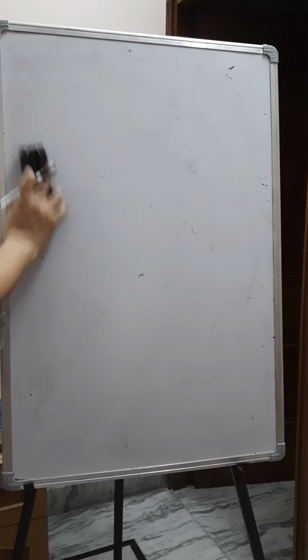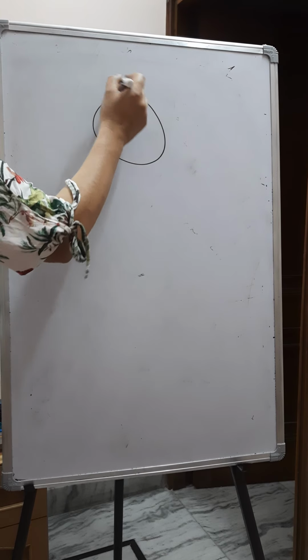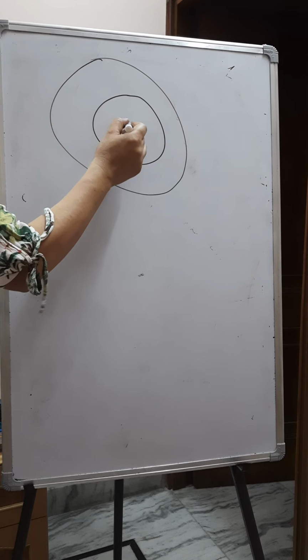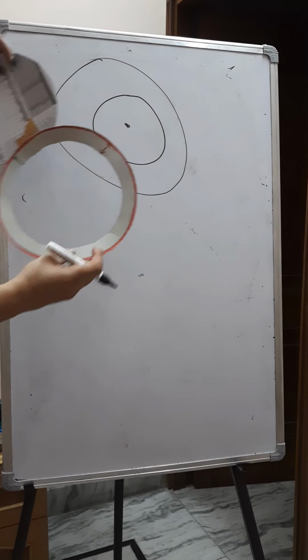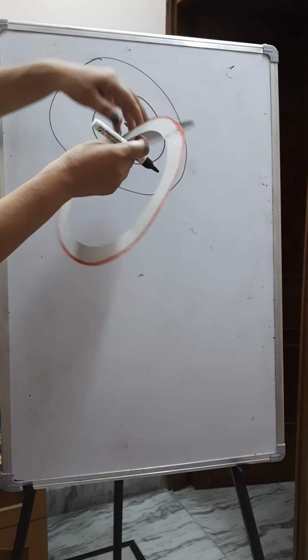The last topic regarding circle is the area of a ring. Two concentric circles are there. What is a ring? This is called a ring. How is it made?